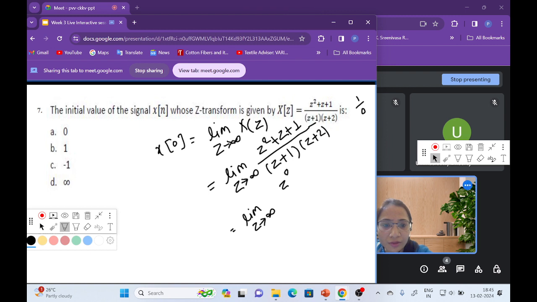So z square plus z plus 1 over z square plus 3z plus 2. In order to attain this, the value is infinite, so we can't put it directly. So first divide both numerator and denominator by z square.